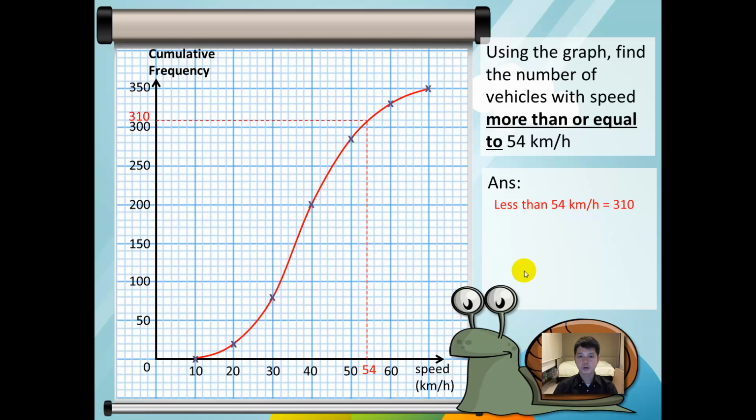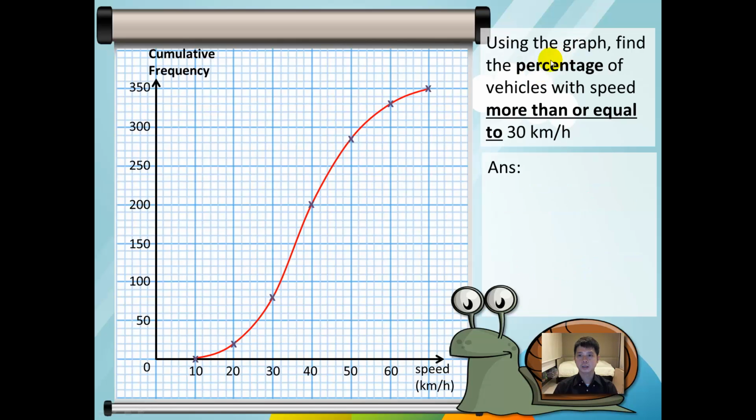So how do we find the number of vehicles with speed more than or equals to 54 km per hour? Since 310 is less than 54 km per hour, we will use the total minus 310, which will give us 40 vehicles with speed more than or equals to 54 km per hour.